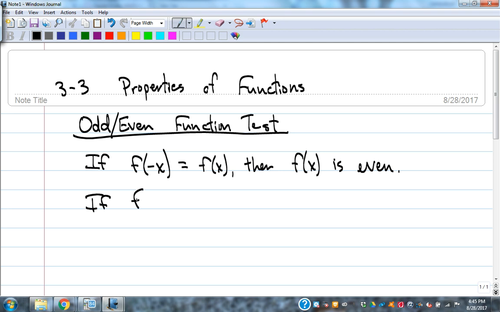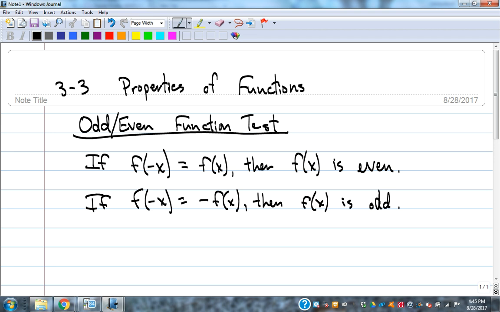If f of negative x is equal to negative f of x, then f of x is odd. Any other configuration happens if you plug in a negative x and simplify it. If some of the signs change and some of them don't, then it's neither.